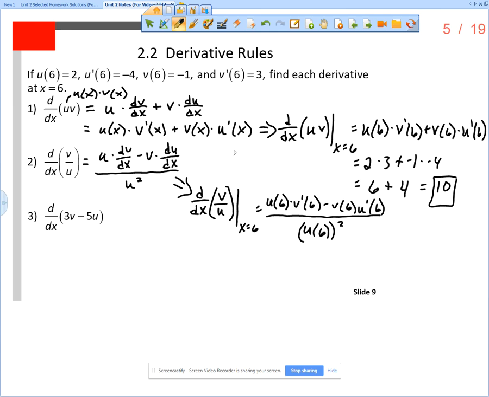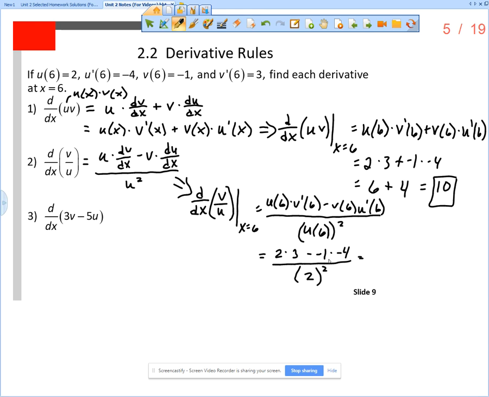All right, so u of 6, once again, if we look up there, 2 times v prime of 6, 3, minus v of 6, -1, times u prime of 6, -4, divided by u of 6, which is 2, squared.